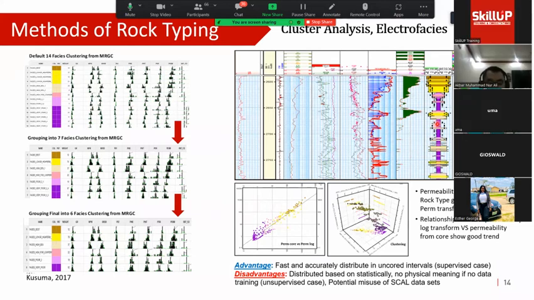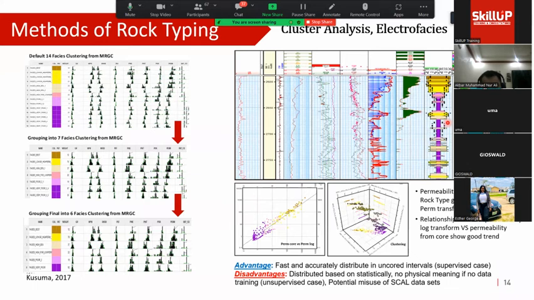This gives a very fast, accurate distribution in uncored intervals if you use a supervised case. But if you use an unsupervised case, sometimes it's really wild because it depends on the input that you implement into the processing, and it creates really wild results if you cannot control your log input into your models.